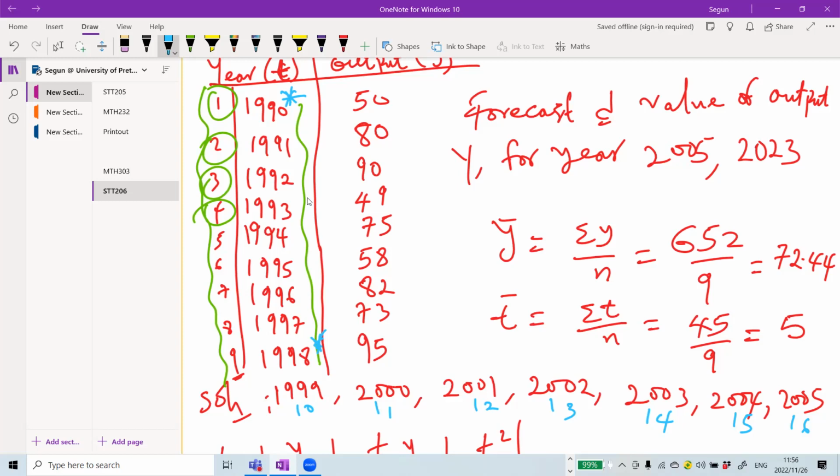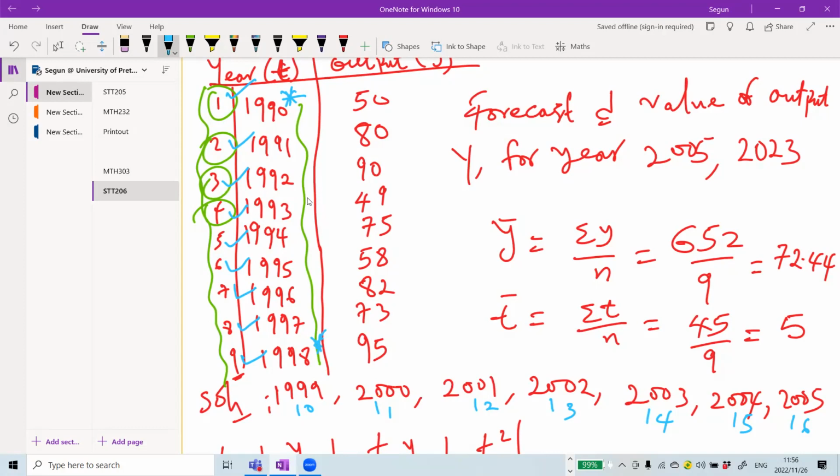Now, when we start numbering it, how many numbers do we get? 1, 2, 3, 4, 5, 6, 7, 8, 9. But if you are counting it as if you are counting the date of birth, you will miss it. I hope I'm clear now.